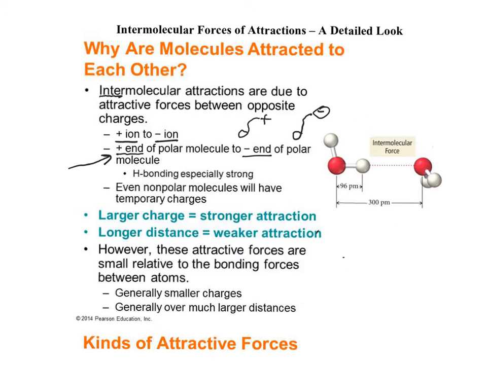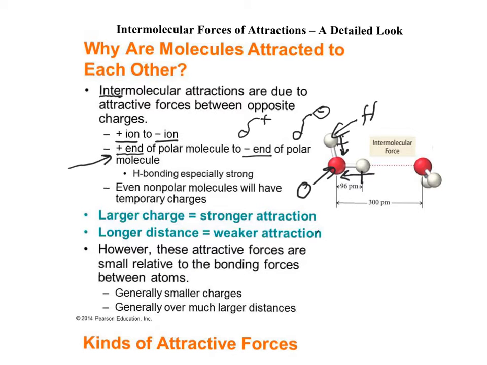So if we look at water, I just erased all that stuff. You might want to redraw, if you're taking notes, you might want to redraw water. Anyway, the point is, this red, I think I mentioned before, is oxygen, and the white is hydrogen. Well, oxygen has a higher electronegativity than the hydrogen, and so the dipole for this bond is going to go in that direction, and the dipole for that bond is going to go in that direction.